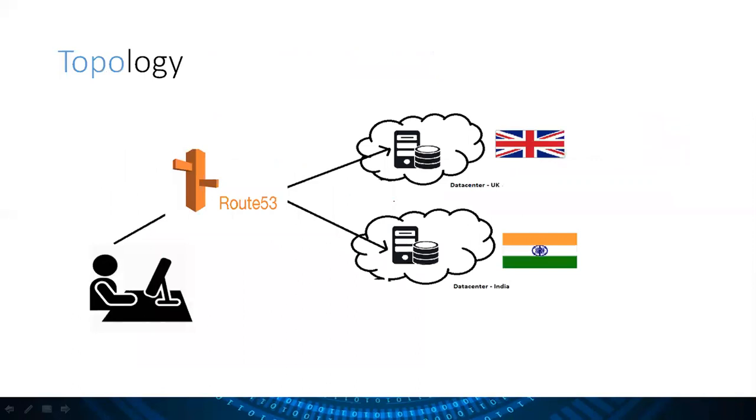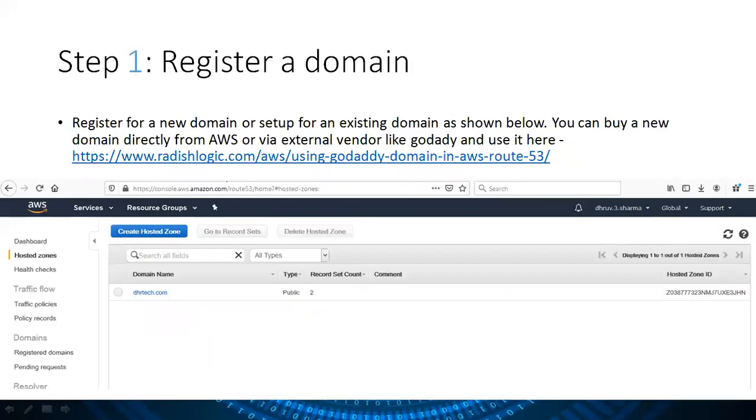That's a typical lab scenario where we have Route 53 and a user trying to resolve a server based in UK and India. That's the typical web page when you log in to the Route 53 section, where I have hosted a zone, dhrtech.com.